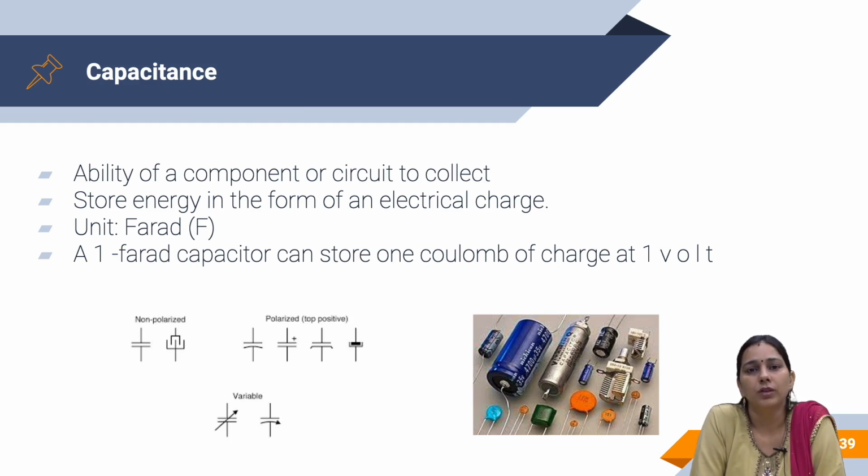The symbol of the capacitance is represented by two parallel plates, or with a positive sign representing polarized capacitors. If the capacitor is a non-polarized one, then it will have no sign. The image also shows you various types of capacitors used in electrical circuits.